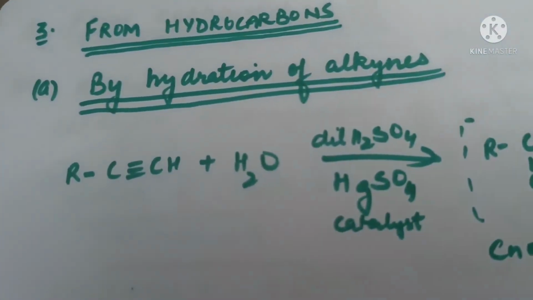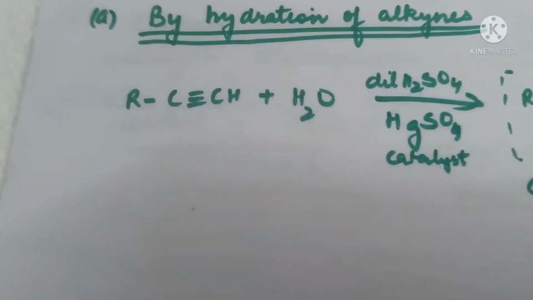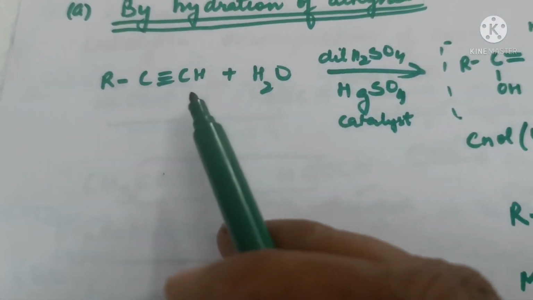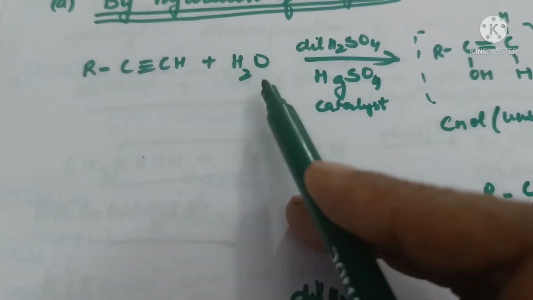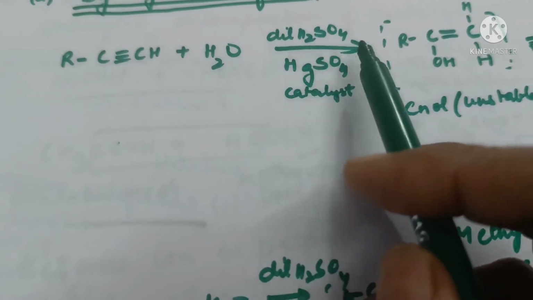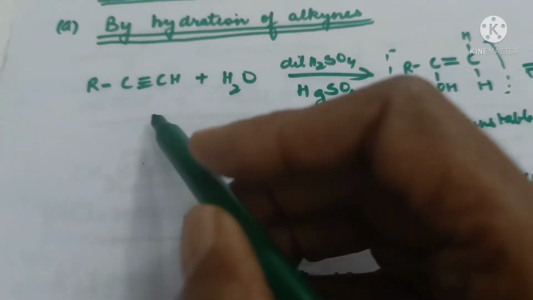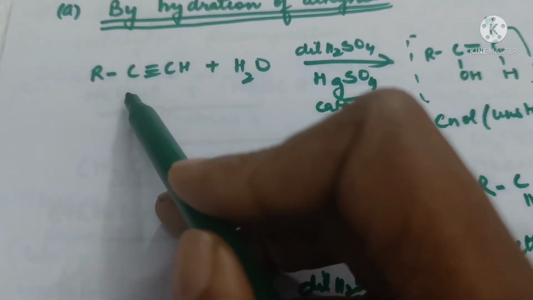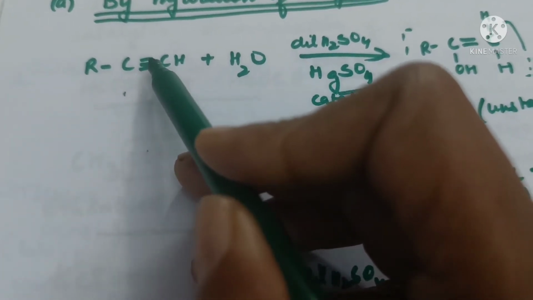From hydrocarbons, we can form aldehydes and ketones when terminal alkynes are hydrated, that is, water is added in presence of dilute sulfuric acid and mercury sulfate as catalyst. Water will get attached here. Addition is Markovnikov, so negative part OH comes here, H comes here, triple bond breaks to double bond.